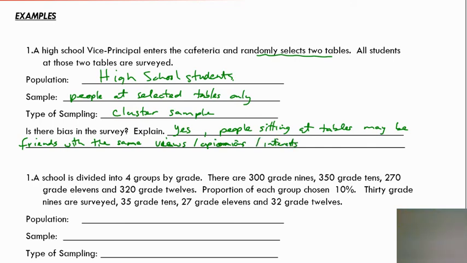So therefore, they probably have the same responses, but it is a random sample. So kind of pros and cons here. It is random, so that's a good thing, but there is this chance of bias.